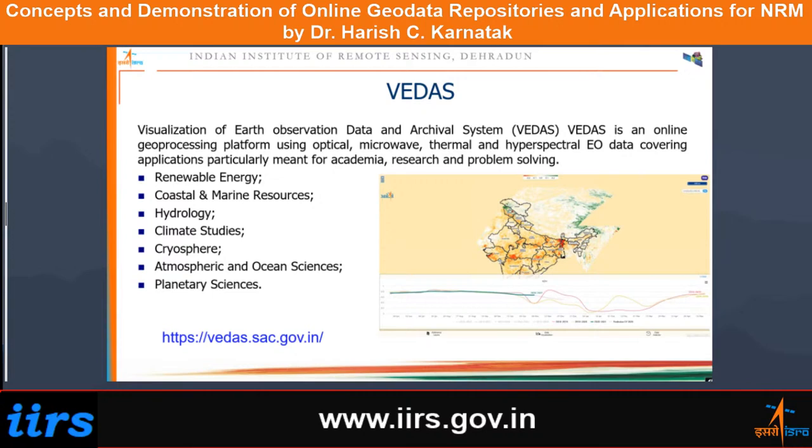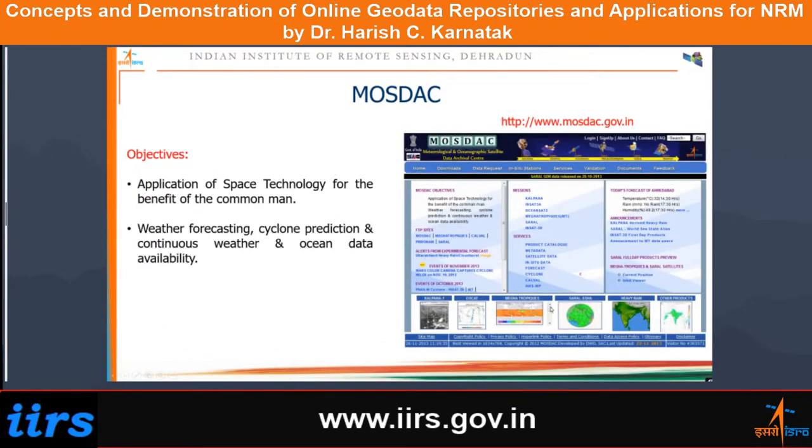You may know about the geostationary satellites from ISRO, like Kalpana-1, INSAT-3D and INSAT-3DR, or some other weather-related satellites. All these data sets we have hosted in these data repositories, completely free, open data repositories, and you can create your logins and download the data, and we provide near real-time data to the users.